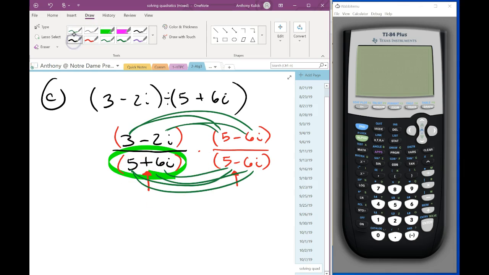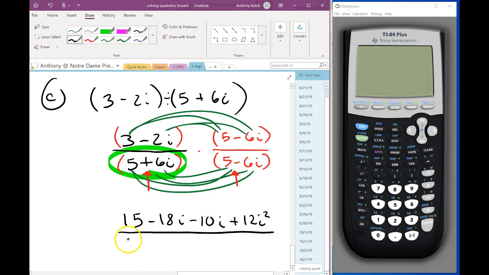And let's see what we get. 15 minus 18i minus 10i plus 12i squared over 25 minus 30i plus 30i minus 36i squared.